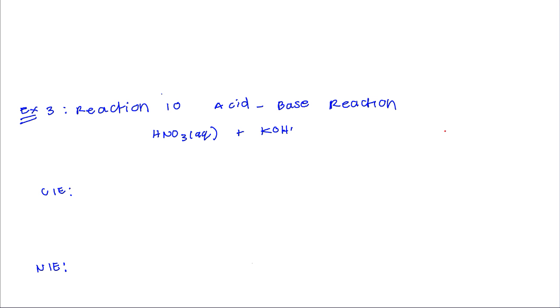So both of these are going to be aqueous solutions. An acid-base reaction is also like a double displacement reaction. We're going to take our cation and pair it with our OH minus, our hydroxide anion. We're going to take the potassium and pair it with the nitrate. So it's also a double displacement reaction.